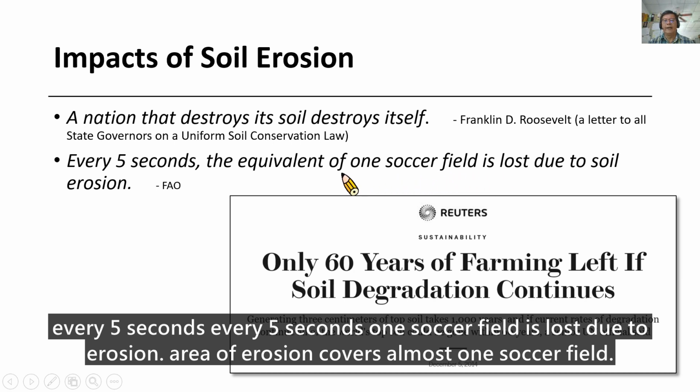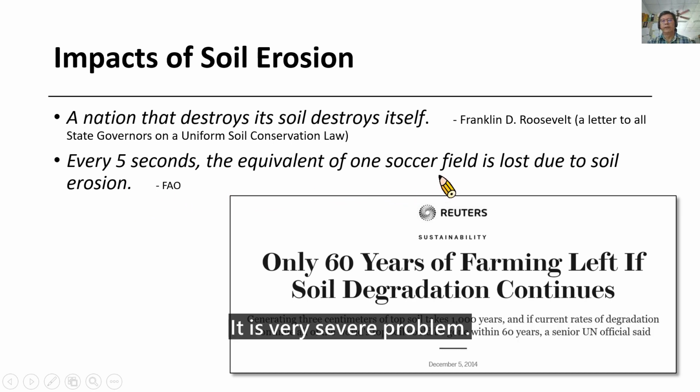In other words, every 5 seconds, the area of erosion covers almost one soccer field. It is a very severe problem.